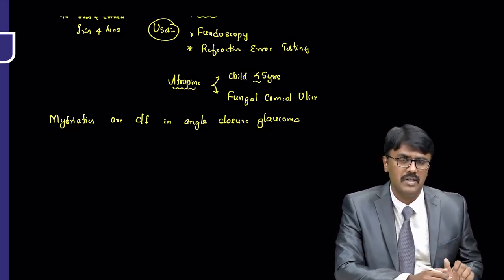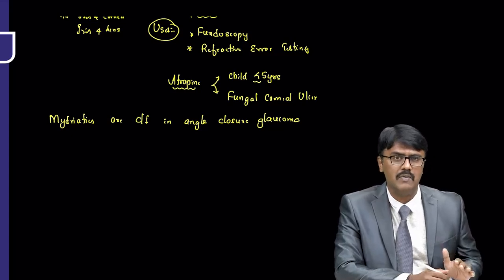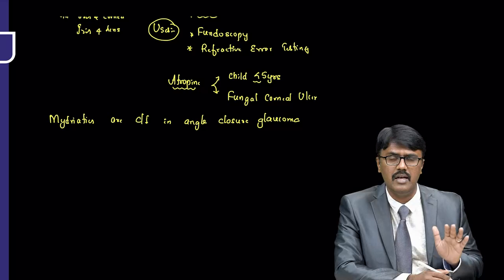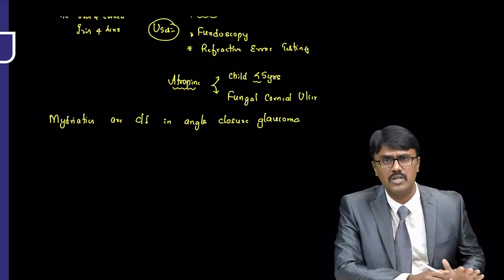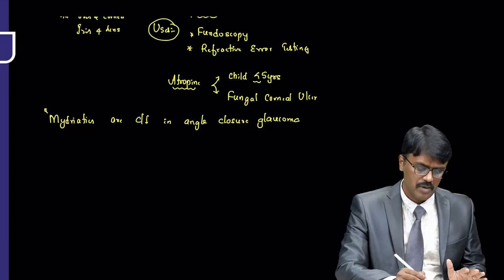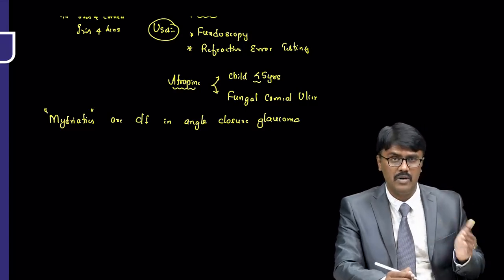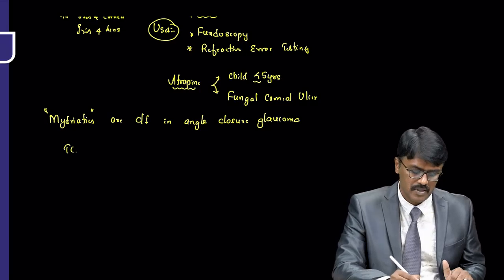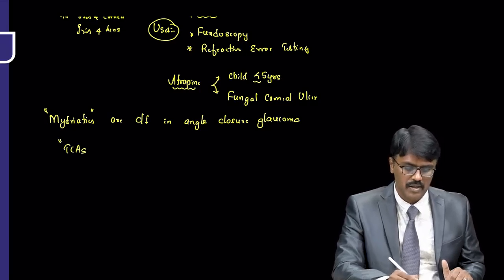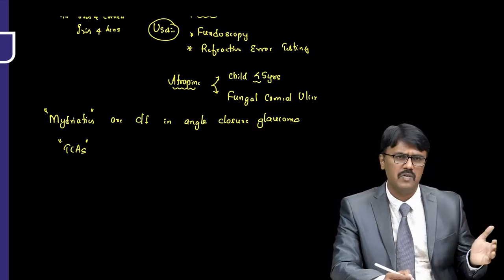They are going to cause mydriasis and they will close the angle between the iris and cornea and they can precipitate the acute congestive glaucoma. So very, very important point, mydriatics, particularly with anticholinergic property. For example, tricyclic antidepressants, they have anticholinergic property. They can also precipitate it, like the atropine group of drugs.